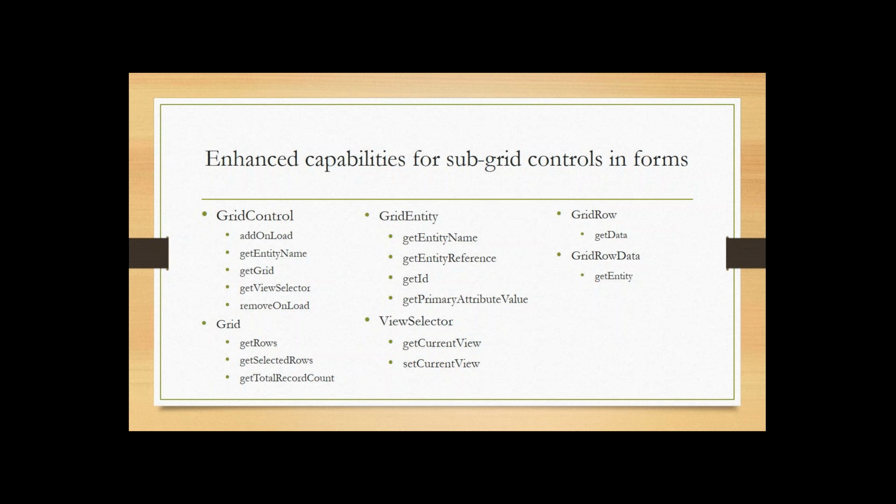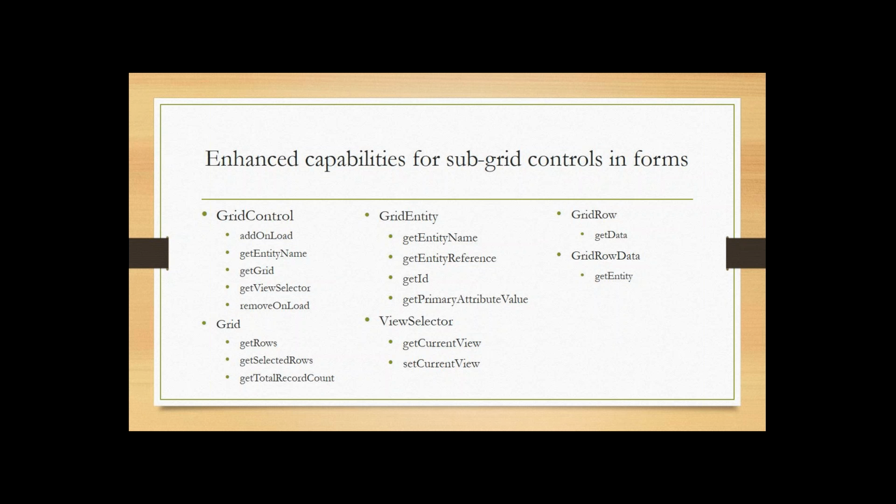The next method is getEntityName. This method will return the logical name of a record in the row. getId returns the ID for the record in a row. The next method is getCurrentView. This method is used to get the reference to the current view of the subgrid if the subgrid control is not configured to display the view selector.